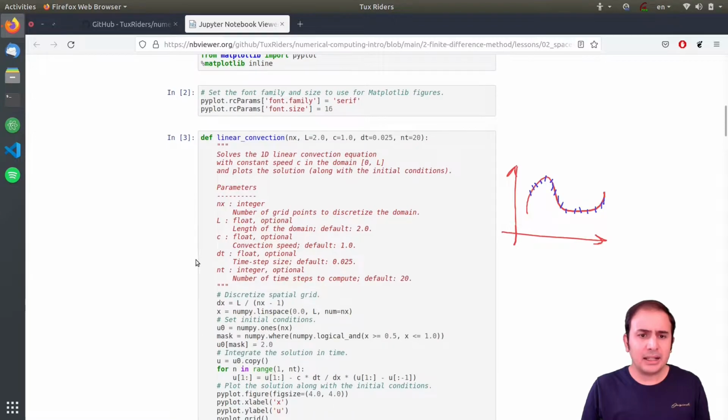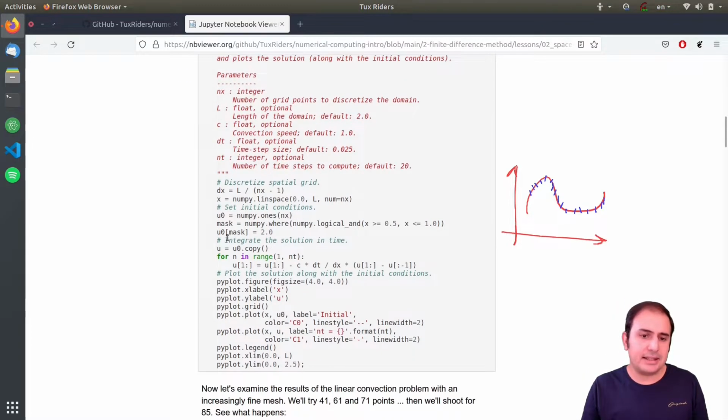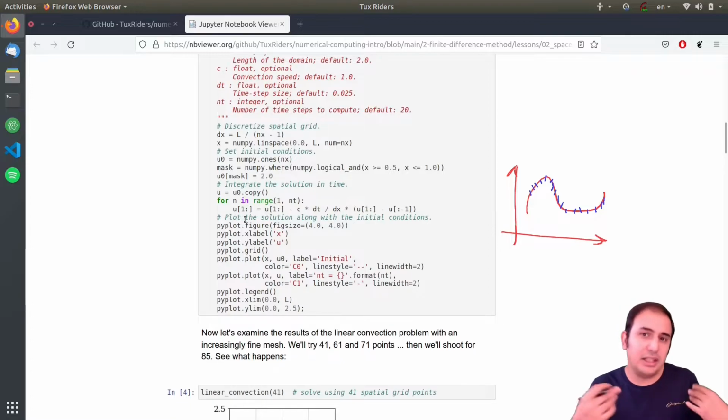In this case, we generalize the code that we had in previous videos. We put it inside a function that accepts the parameters for delta t and the number of grid points along the x-axis, and computes the solution, as we did in the previous video.